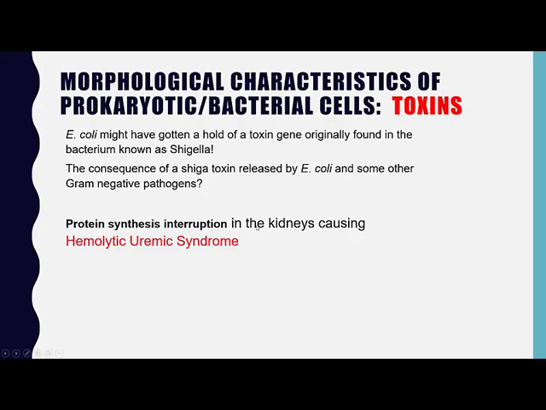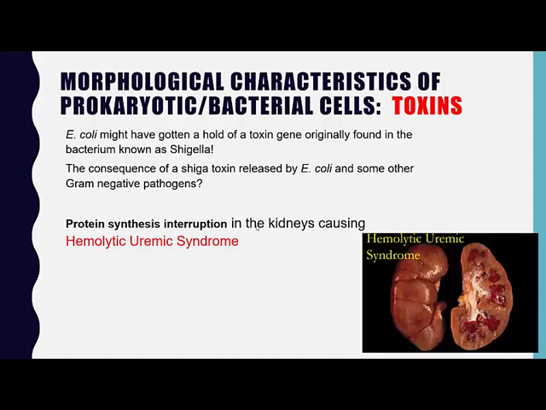Because the toxin is in the kidneys. What does the toxin do? It attacks the protein synthesis in the kidneys, and you get dead cells in the kidneys, and you get something called hemolytic uremic syndrome, which is bad, which will put your patient in dialysis.